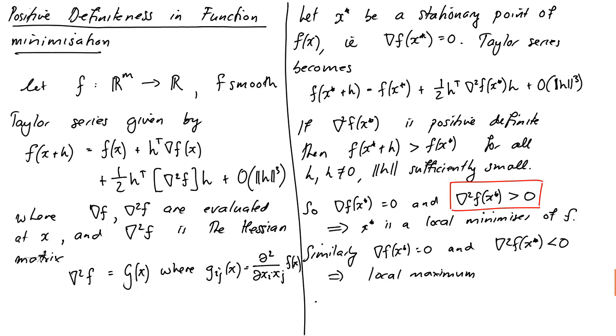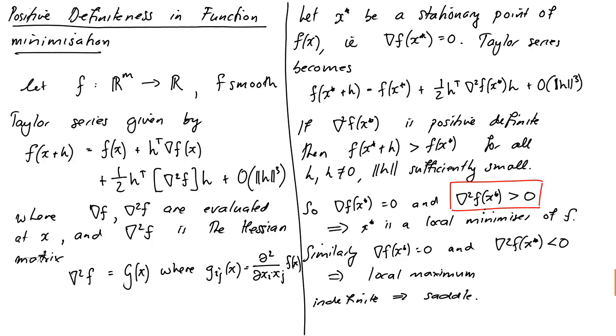And finally, indefinite means we have a saddle. So what we're doing here is the second derivative test that you've learnt before in first year calculus, except we're doing it in a slightly more general context. That's essentially what the second derivative test boils down to, a test as to whether the Hessian is positive definite or not.